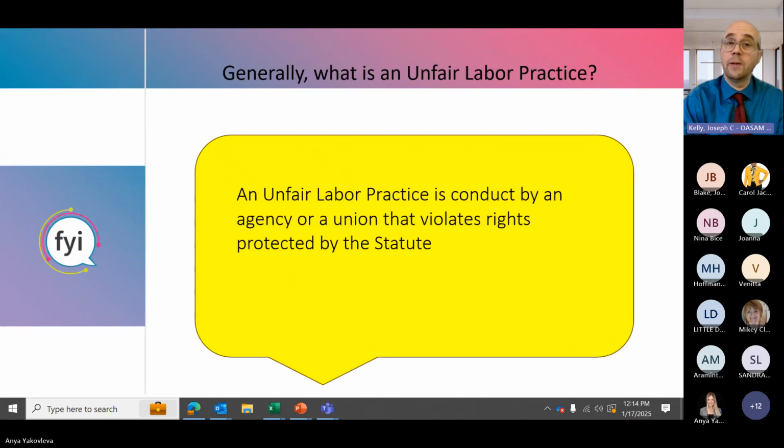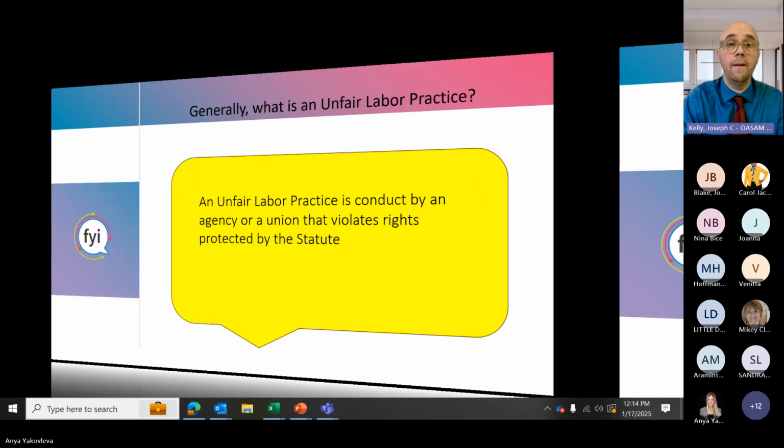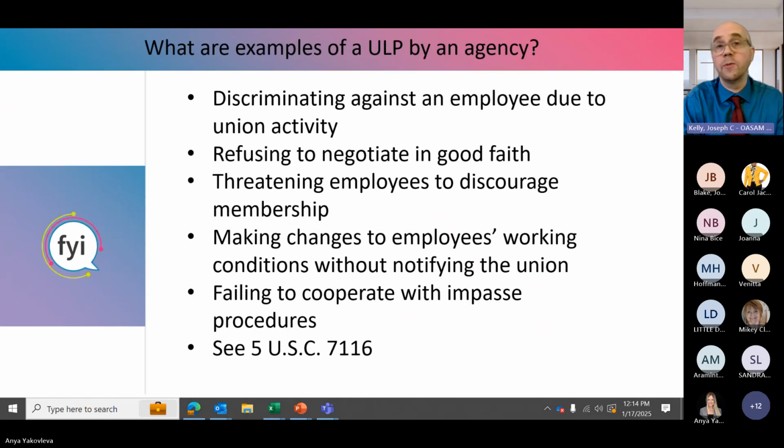So generally, an unfair labor practice is conduct by either an agency or a union that violates a right that's protected within the Federal Service Labor Management statute. Some examples of the conduct that constitutes a ULP are found in the statute itself.